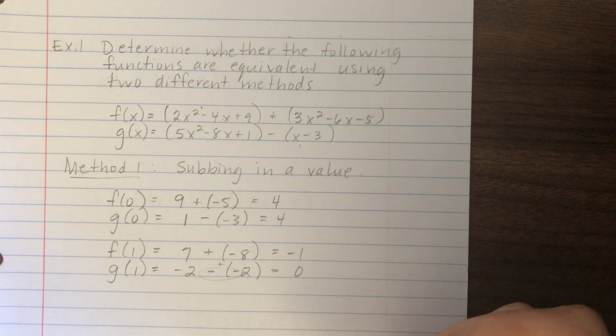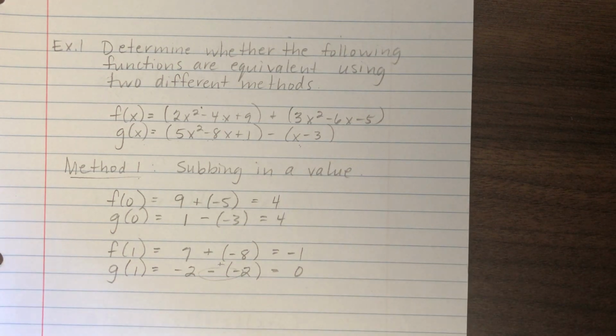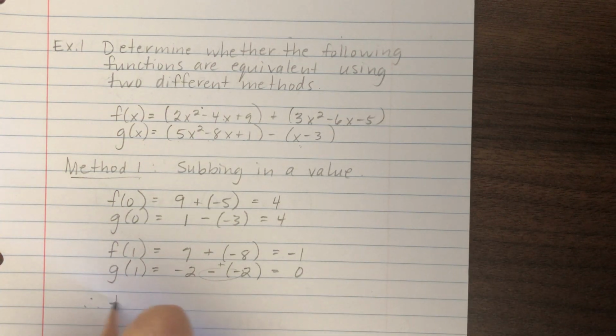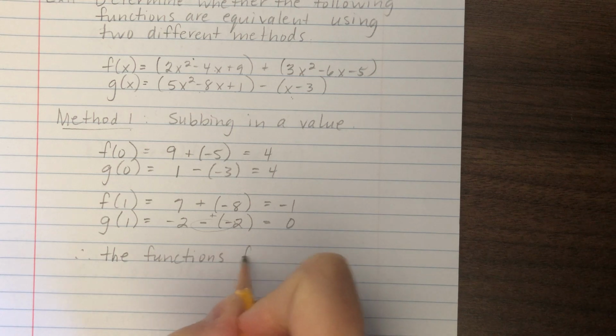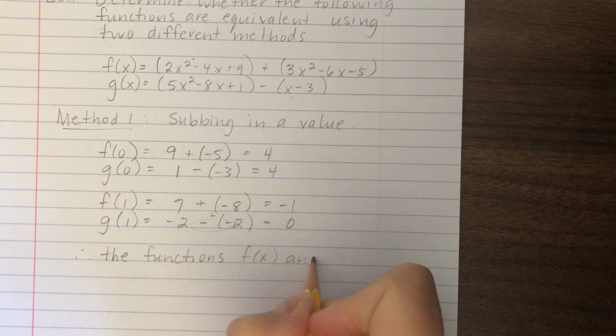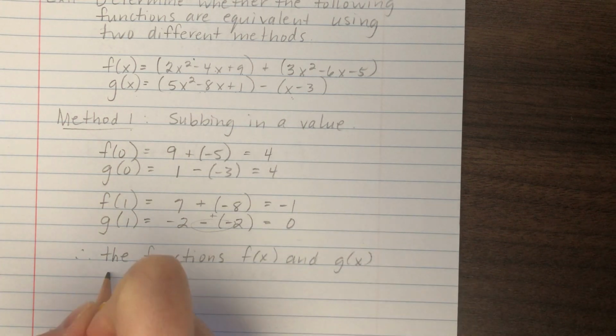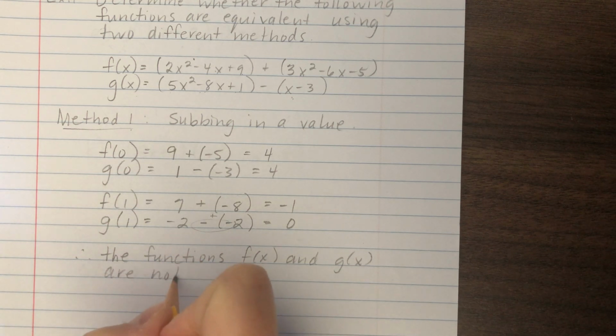So a third point would need to be checked to make sure that the two functions are equivalent if the first two times show that they are. Okay, so that's method 1. Therefore, the functions f at x and g at x are not equivalent.